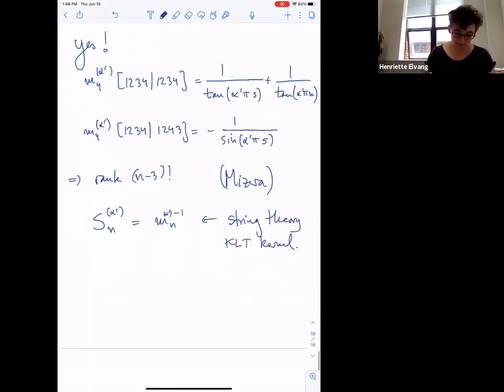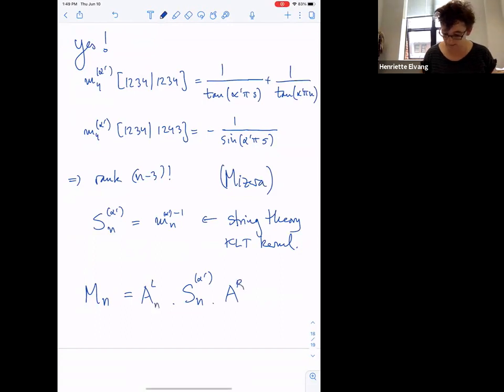And what does that do? It says in matrix form that if I use this kernel to calculate amplitudes, but I use it together on the left and on the right, then that's our string kernel.